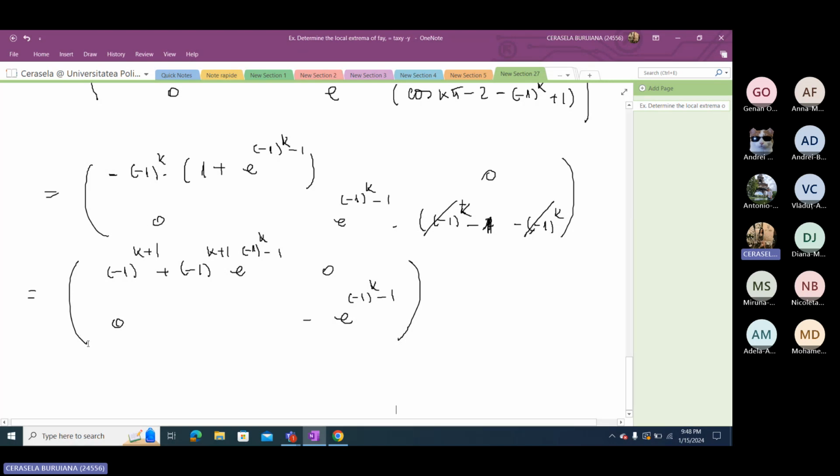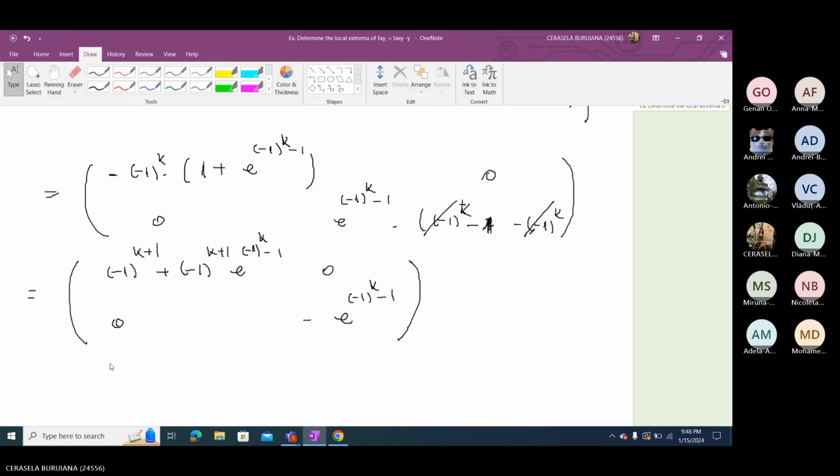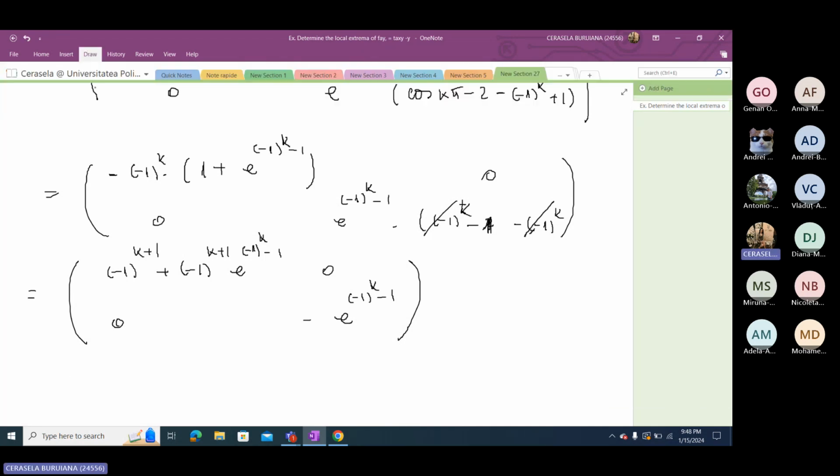Why? For instance, look at delta 1. Delta 1, if I put the common factor (-1)^(k+1), I get 1 plus the exponential to the power (-1)^(k-1). This parenthesis is not so important because surely it has only positive values, isn't it?